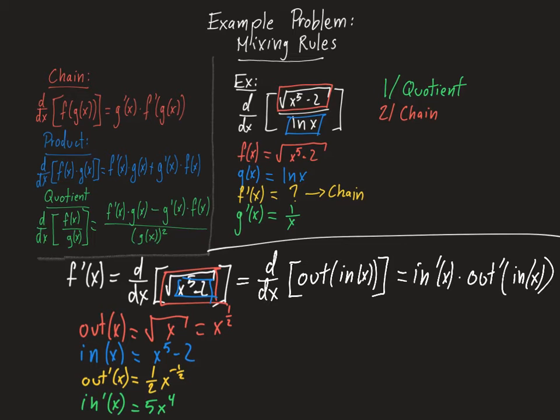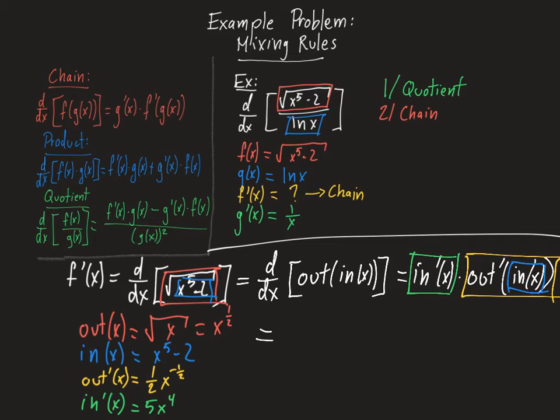Okay, now let's color code these just so that we see where everything is going. We see that in prime of x is what I've color coded in green. We see that out prime of x is what I've color coded in yellow. And we see that inside of out prime, we have in of x, which I have color coded in blue. All right, now we just need to rewrite all of this.